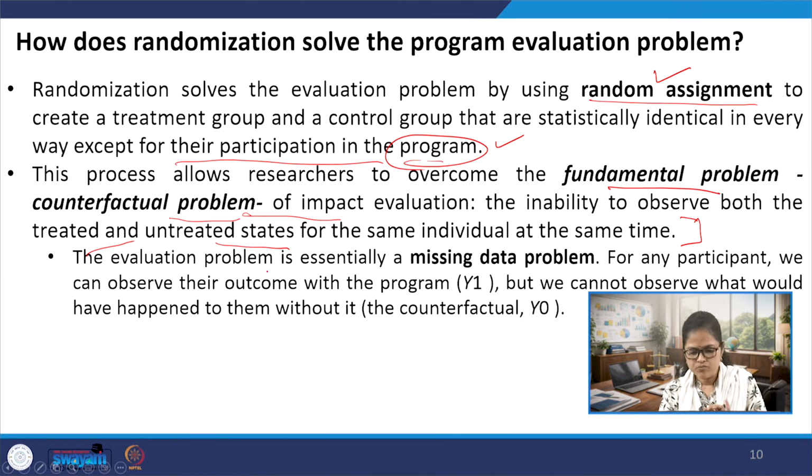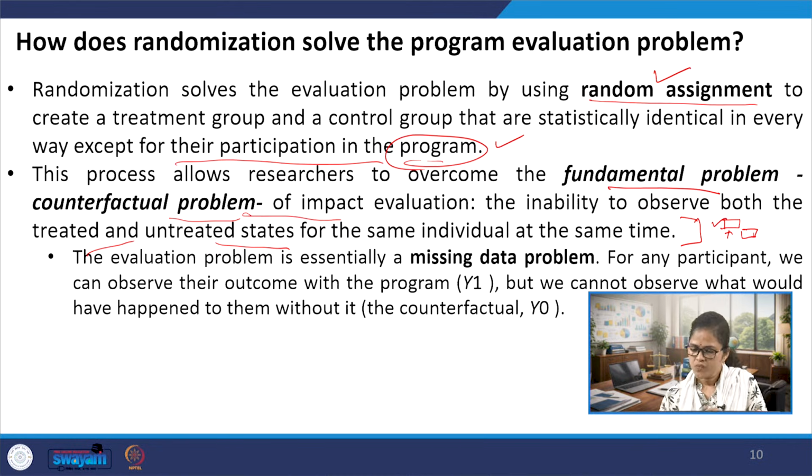Okay, so now the evaluation problem is essentially the counterfactual problem. So that is the missing data problem, because if we are finding what is exactly the status of a particular program right now, if participants are participating, the counterfactual is not available to us. That means we cannot compare because there is a missing data problem, and this missing data problem can be corrected if we can develop this random assignment process.